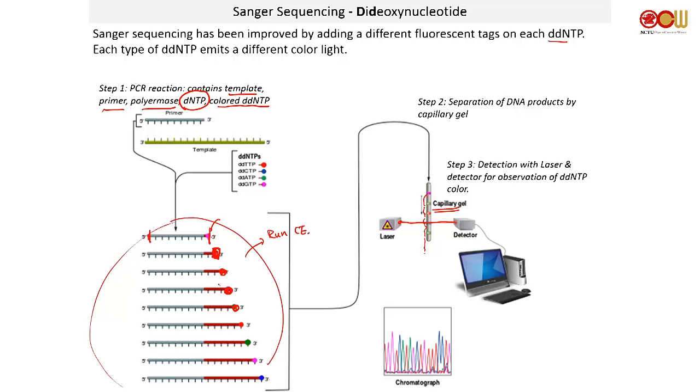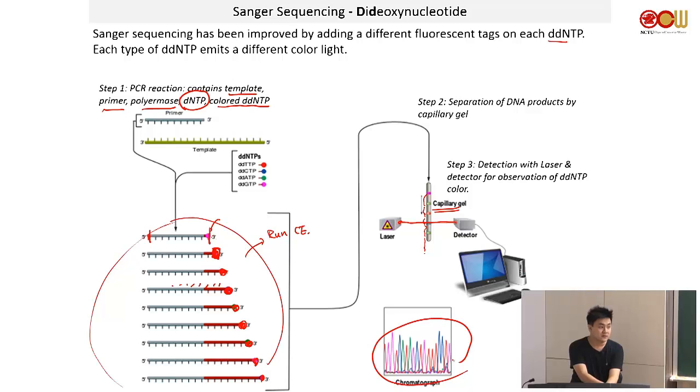Because all the other bases here are the normal dNTPs. They don't have fluorescent colors. When you shoot the laser on it, it gets excited and gives off a color, and then you have a detector that picks it up. So very quickly you have a chromatogram that looks like that. Then you can immediately know the sequence of your particular segment.